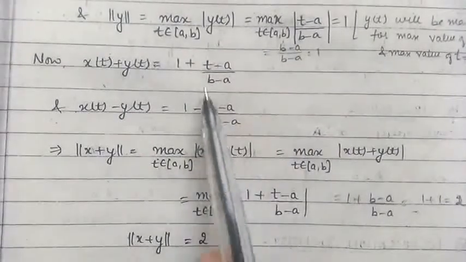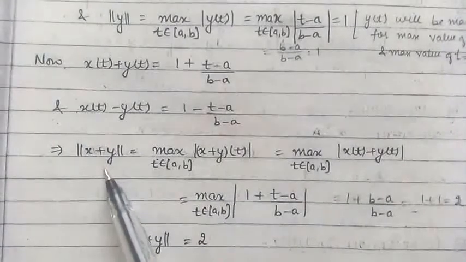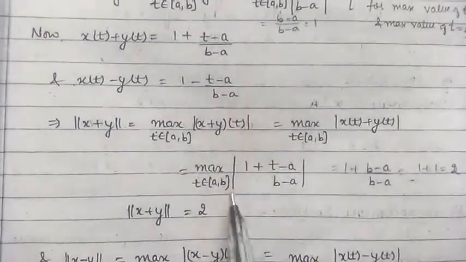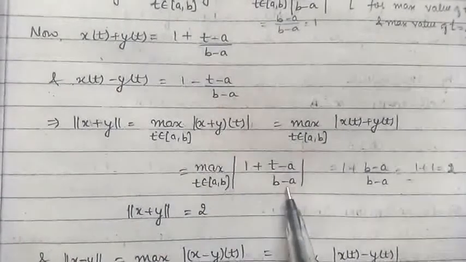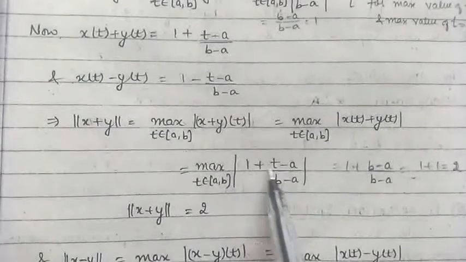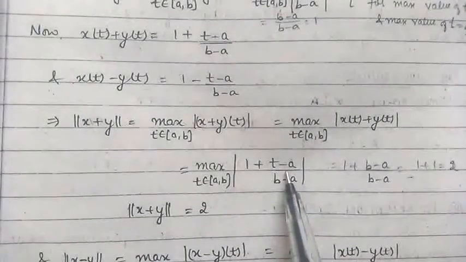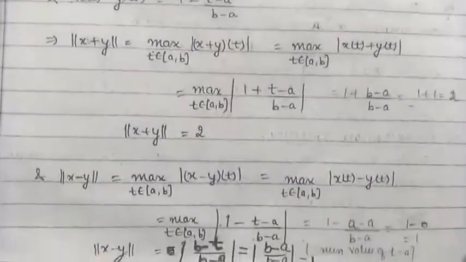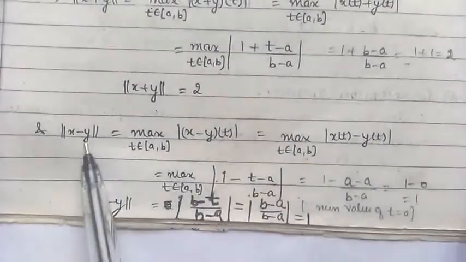Now let us find their norms, first the norm of x plus y. The norm of x plus y means the maximum value of mod of this expression. Now because its maximum value is 1, so 1 plus 1, the maximum value of this expression will be 2. It means the norm of x plus y is 2. Now let us find the norm of x minus y.